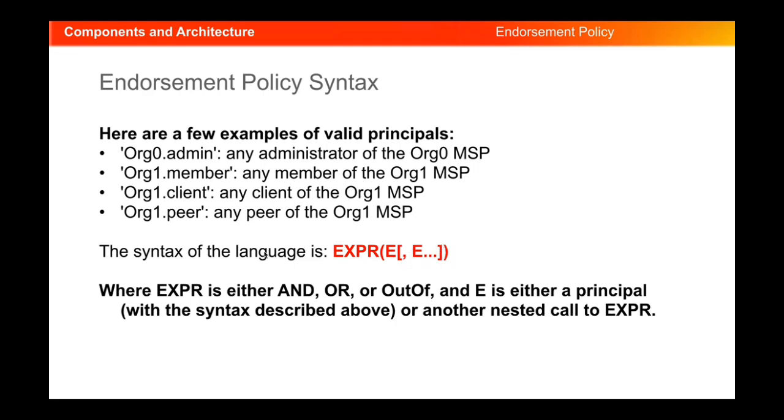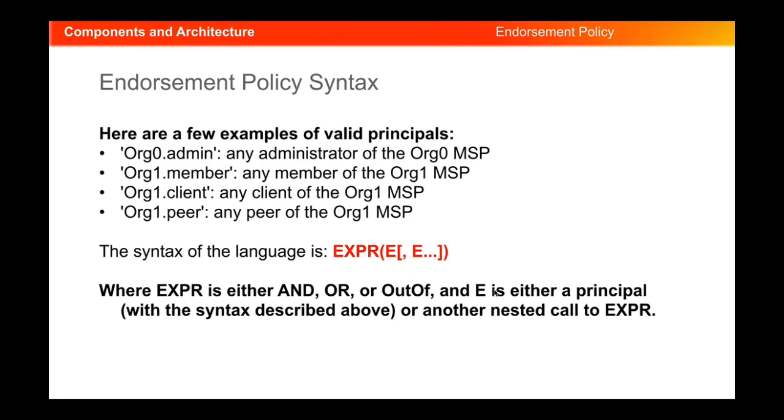If you don't understand how you are nesting the expression, we are going to provide a couple of examples, and we will look into all the endorsement policy syntax in the practical section as well. So don't worry if you don't understand this expression. As I've told before, expression takes the value AND, OR, or OutOf, and E is either a principal or another nested call to the expression.